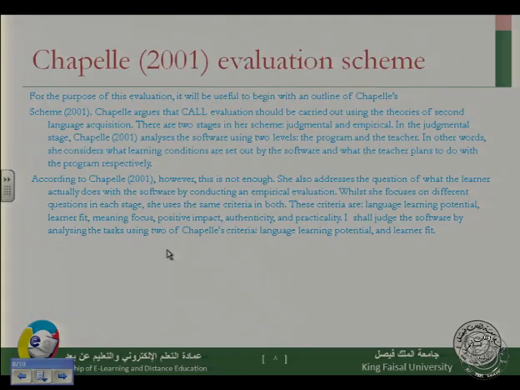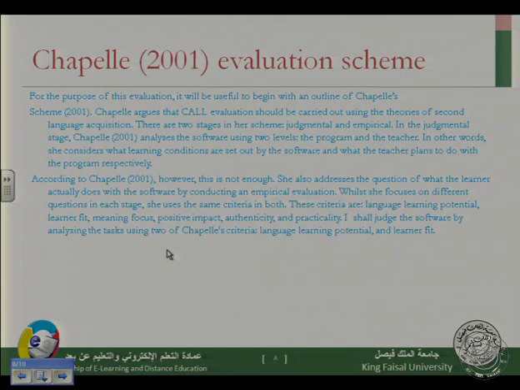Whilst she focuses on different questions in each stage, she uses the same criteria in both. These criteria are language learning potential, learner fit, meaning focus, positive impact, authenticity, and practicality.